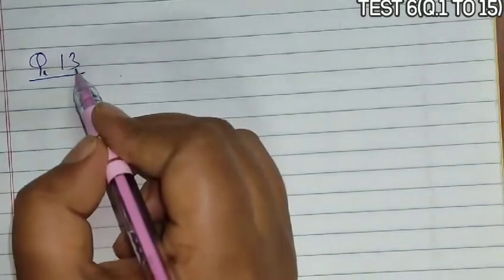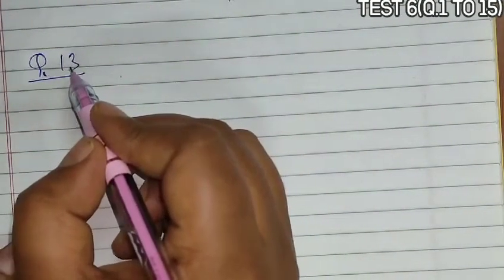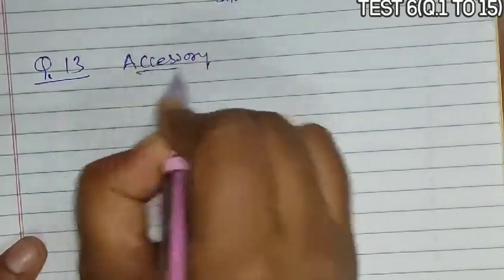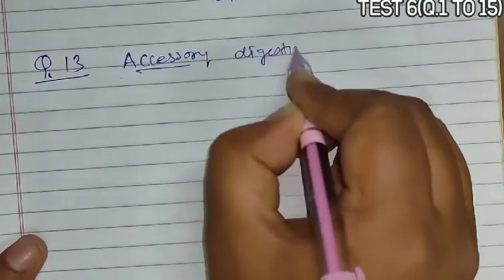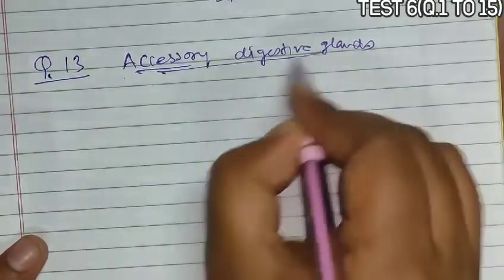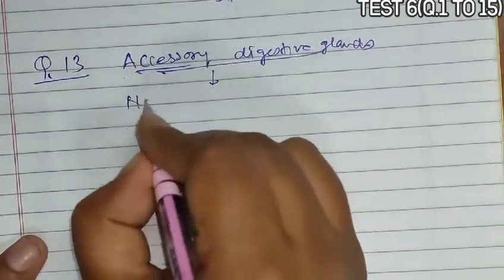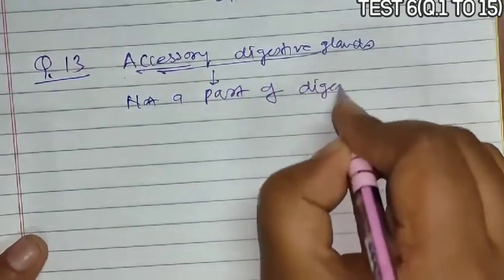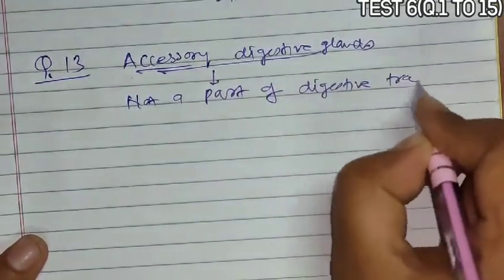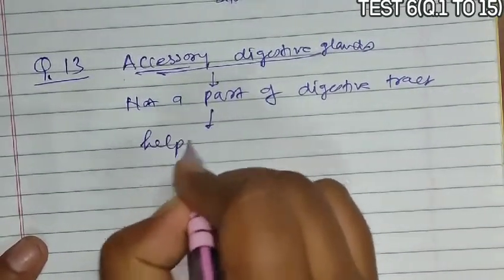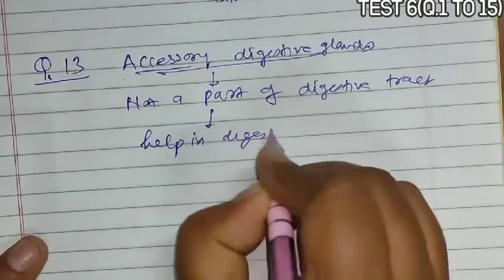Next is question 13. Question 13 asks that which accessory digestive gland found in cockroach? Now accessory digestive glands are those which are not a part of digestive tract, but they help in digestion.